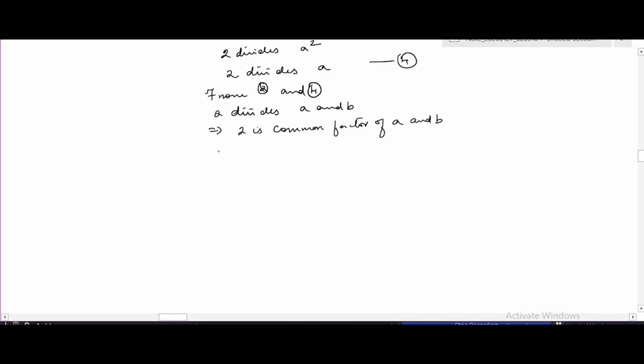This contradicts that a and b are co-prime. Our assumption is wrong.